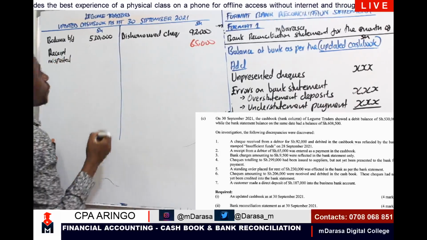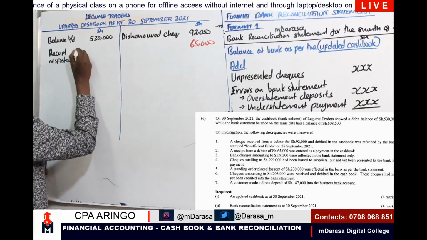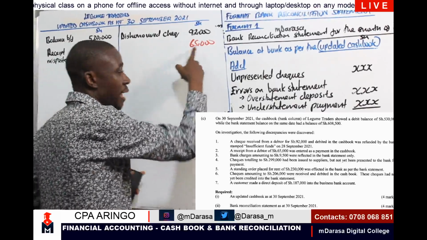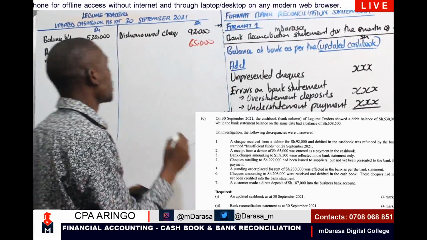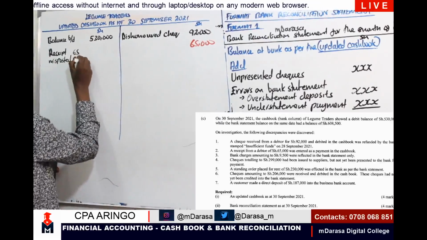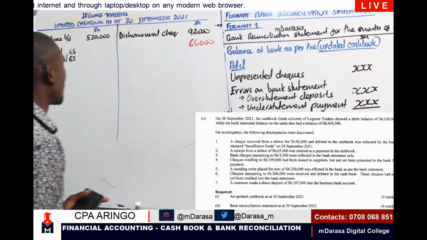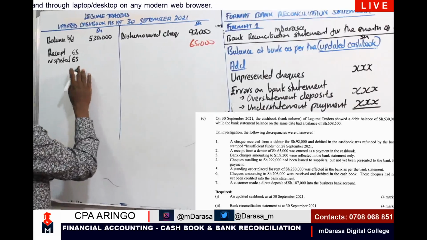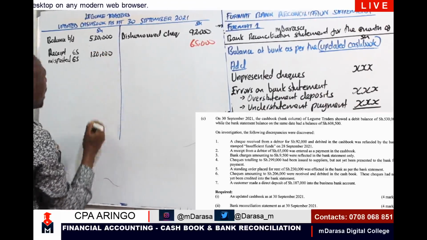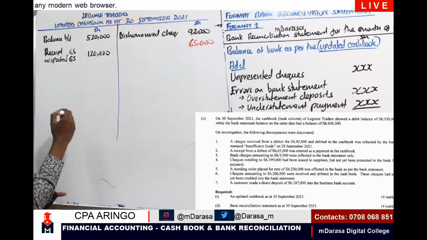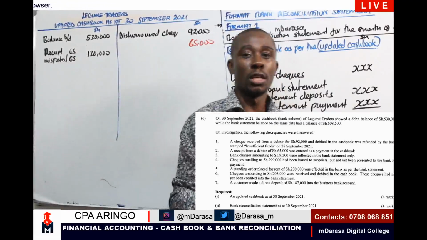So the first thing, my good students, is that you're going to record the 65,000 to cancel the error so that our account will be 0. Then I'm going to record the correct amount now, which was supposed to be 65,000. So in total, we can agree that receipt misposted here, I'll be having a figure of 130,000. Why are we having 130? We're having 130 simply because the first 65 that I'm going to record will be to cancel.